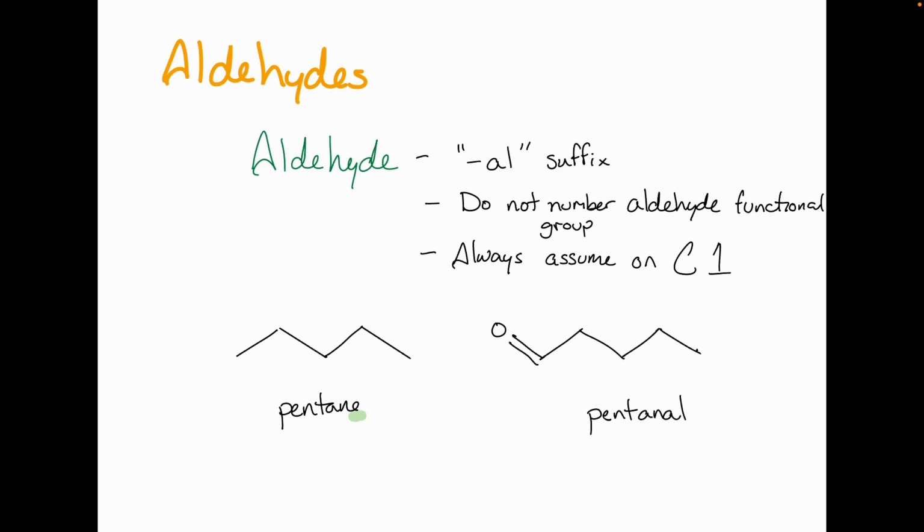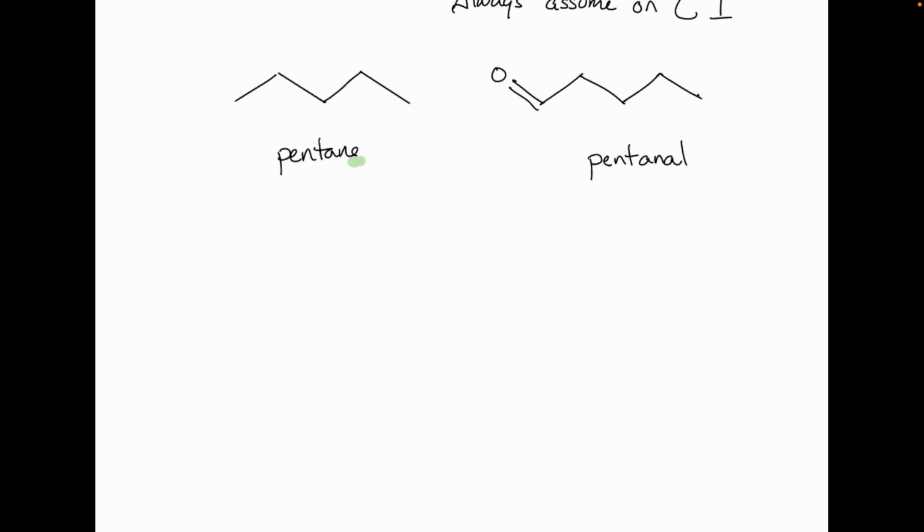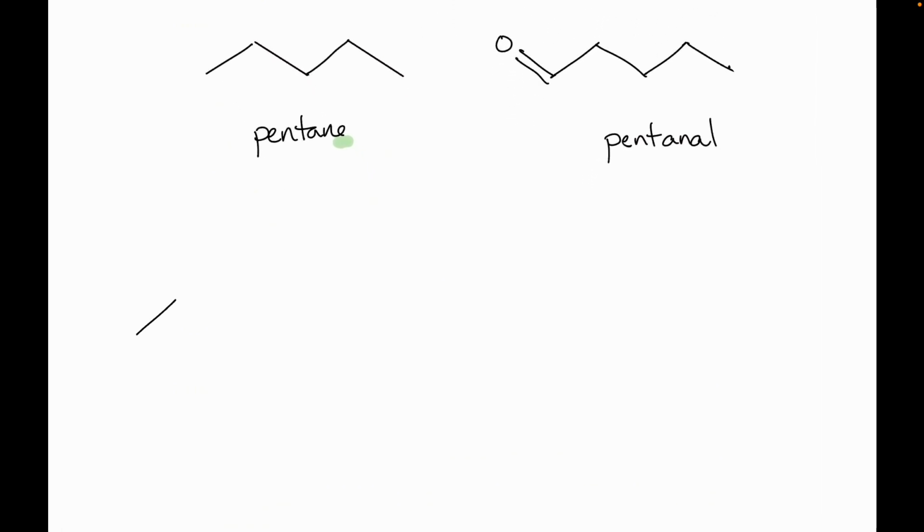Okay, so aldehydes, because they're necessarily on one of those terminal carbons, and whatever terminal carbon we put it on, we're just going to start numbering there. We always just assume that it's on carbon 1, and we don't bother building that into the name. Okay, so let's do a few examples.